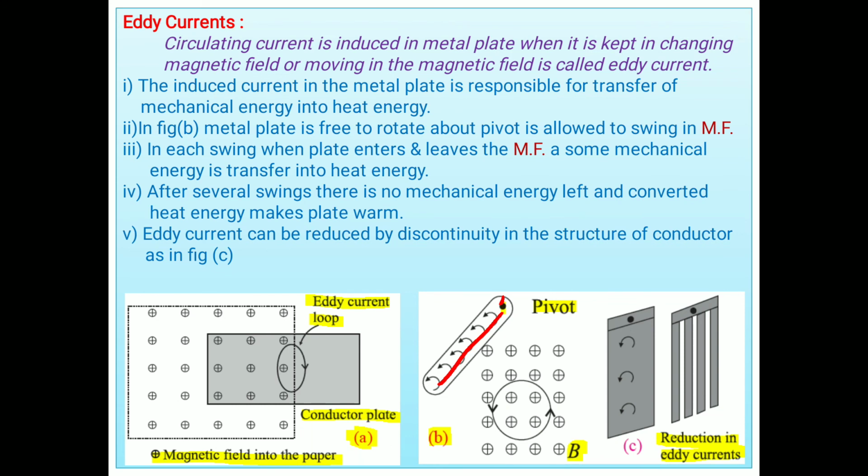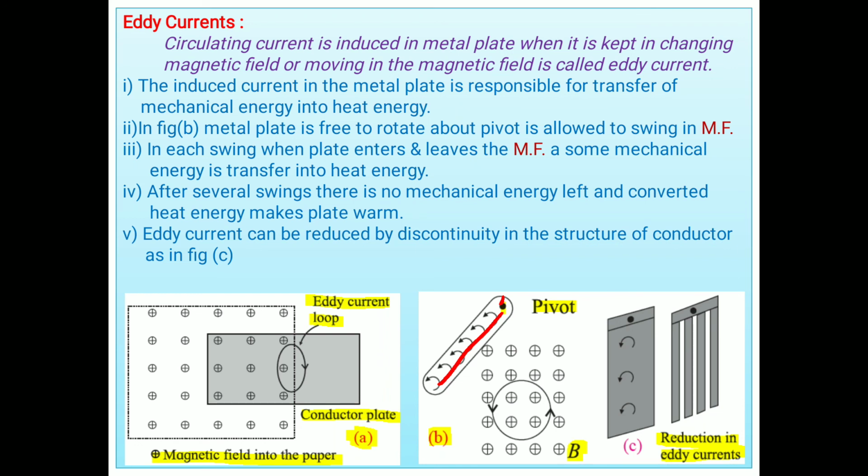Same thing happens as this metal plate moves in the magnetic field. Eddy current is set up, and this eddy current is responsible for the heat produced, H equal to I square R T. It is the Joule heating effect.